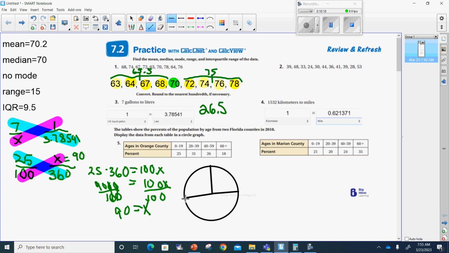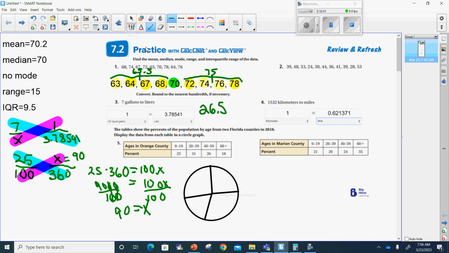If this is 25, this is a little more, 26. And then I've got 31, so 31 has to be bigger than 26. So I can make 31 about like that, and that looks bigger than the 26.